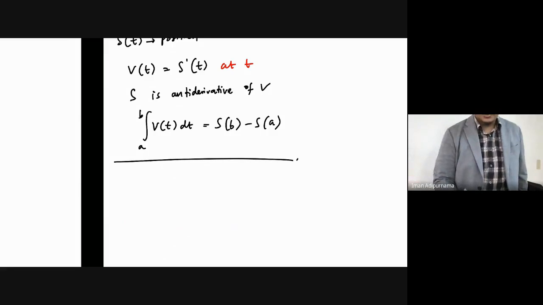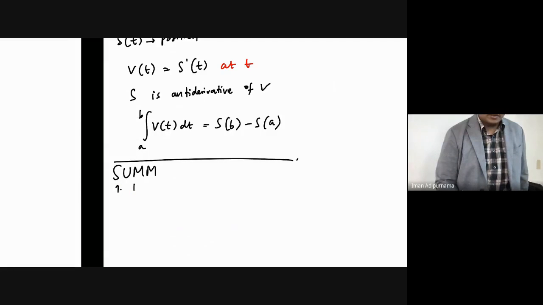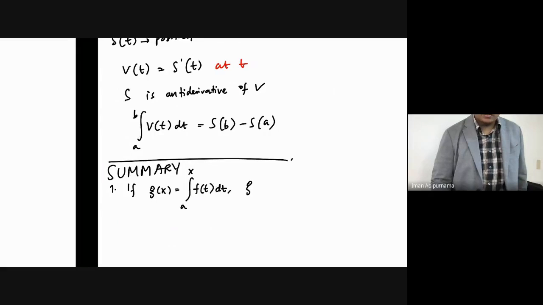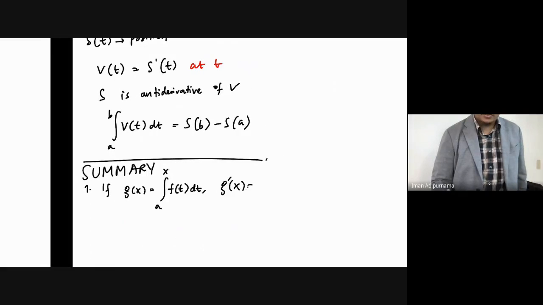Maybe to conclude, let's say summary. So first, if g(x) is the integral of f from a to x, then g prime x is f(x).